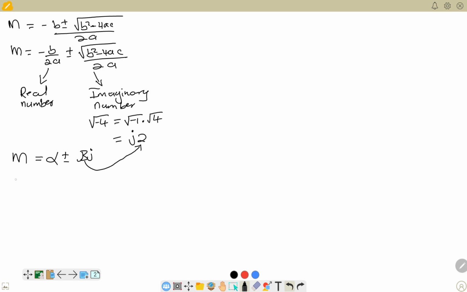Then you will go ahead to solve for the general solution.